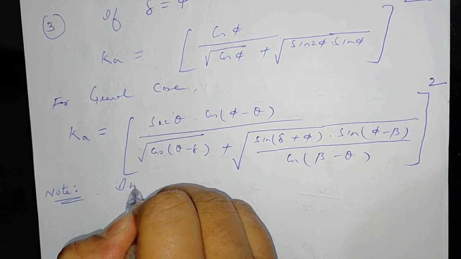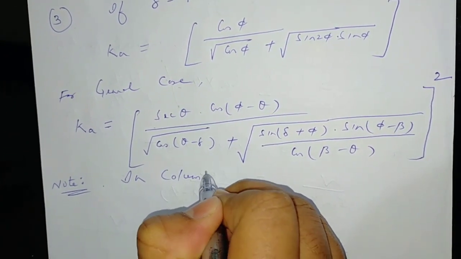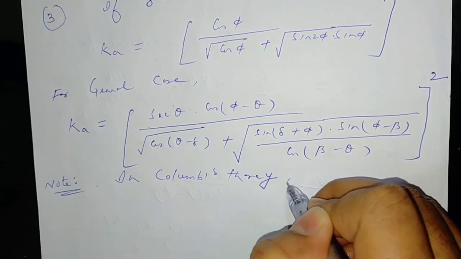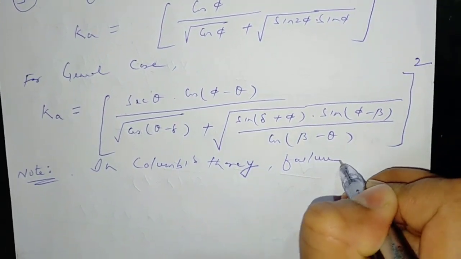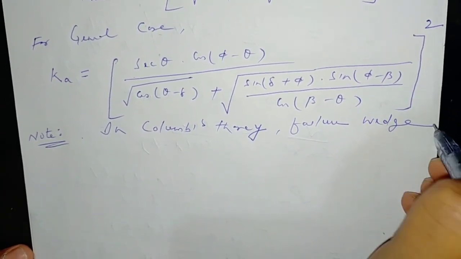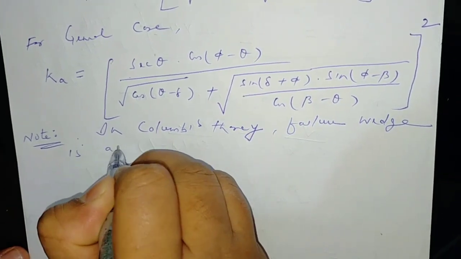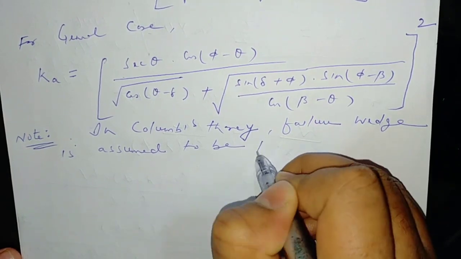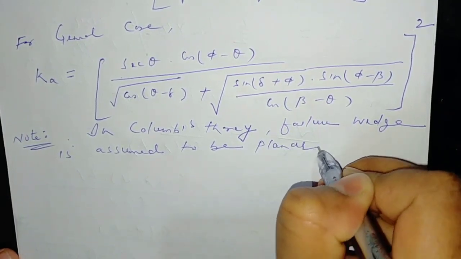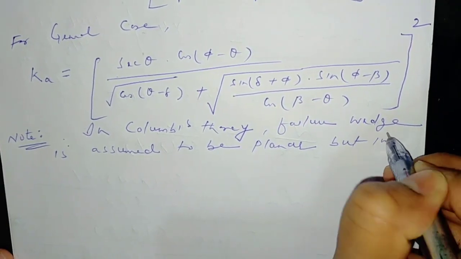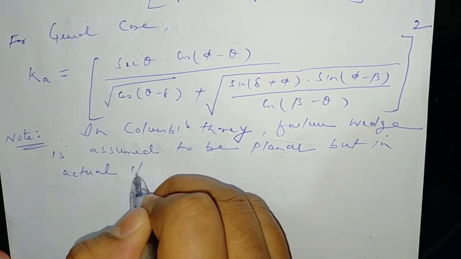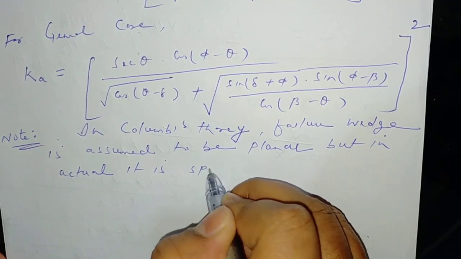So in Coulomb's theory, failure wedge is assumed to be planar, but in actual it is spiral.